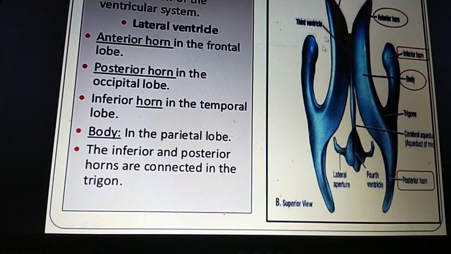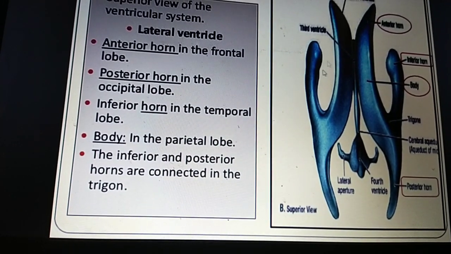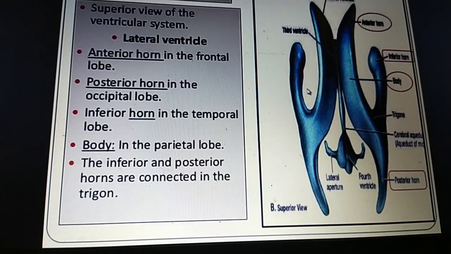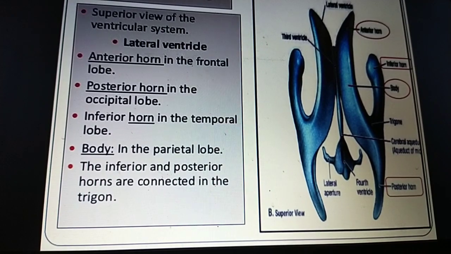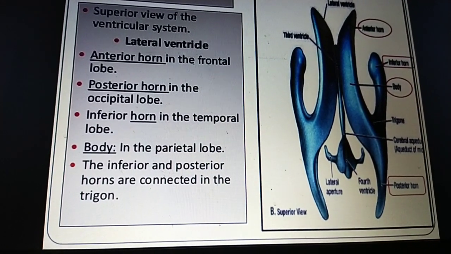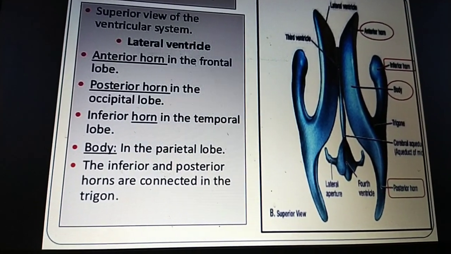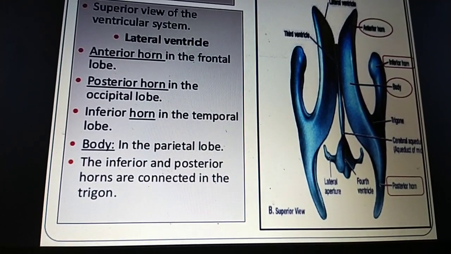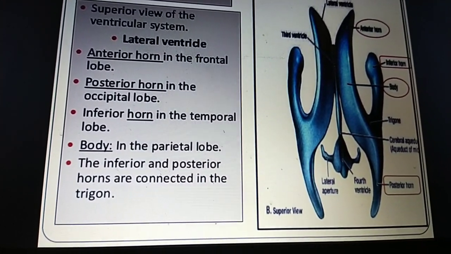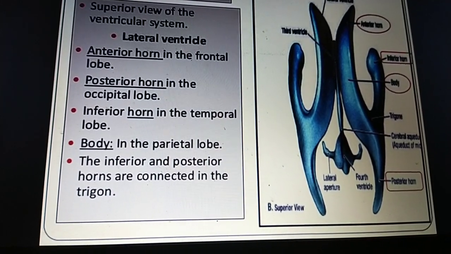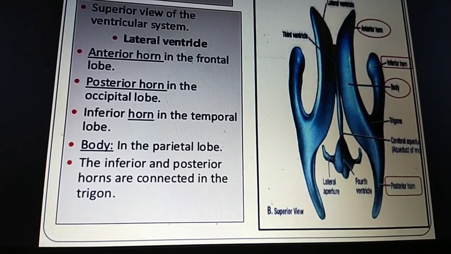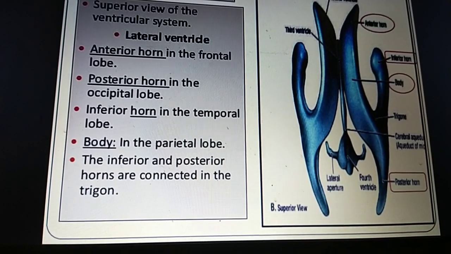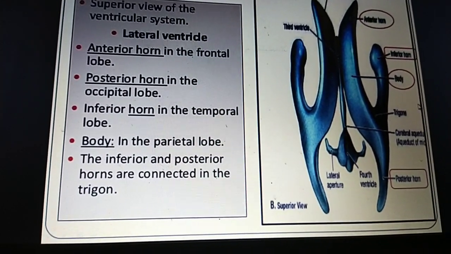In the superior view of the ventricular system, the lateral ventricles have the anterior horn, posterior horn, inferior horn, and body. The inferior and posterior horns are connected in the trigone.